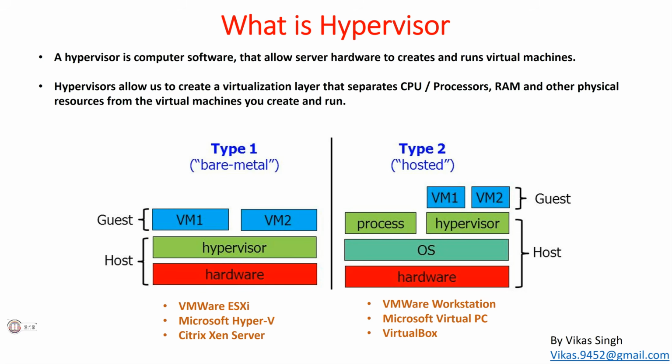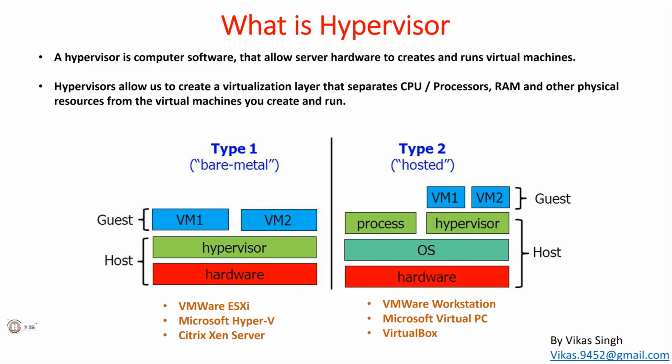Type 2 hypervisors are hosted hypervisors, which run on top of an operating system, such as VMware Workstation, which we are using in this lab throughout this course. Other examples are VirtualBox, Microsoft Virtual PC, and so on.